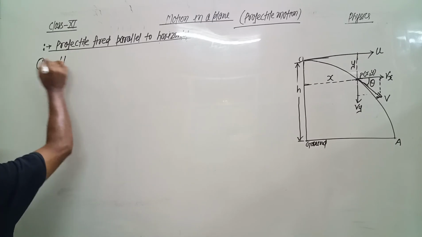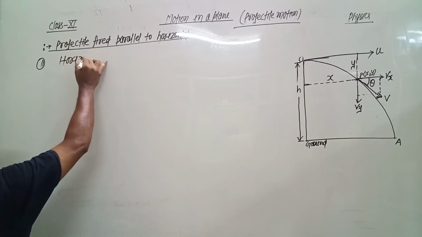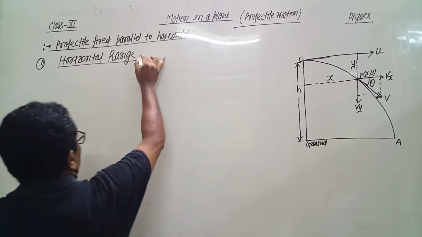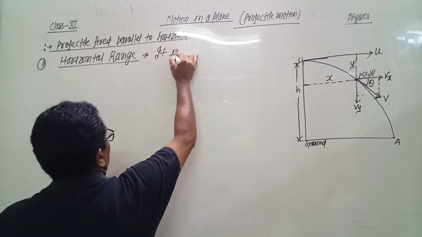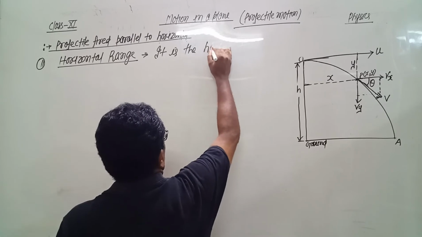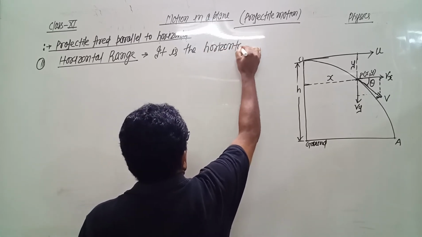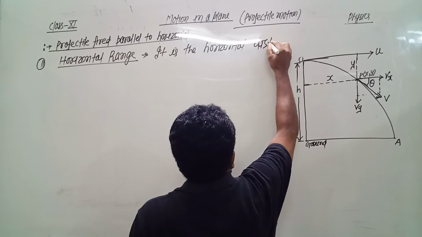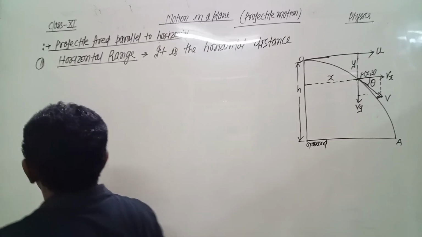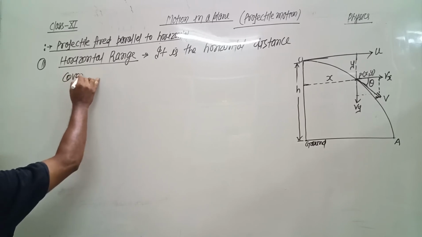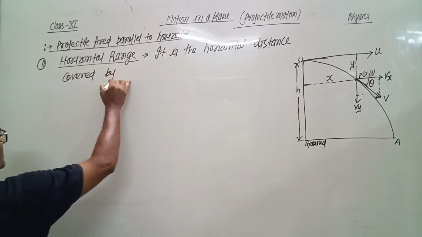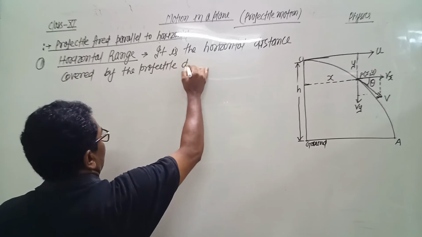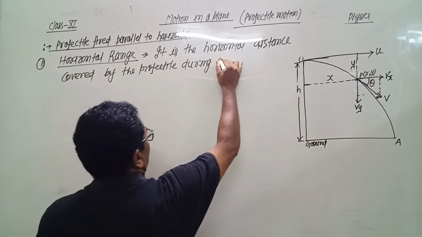It is the horizontal distance covered by the projectile during its flight.